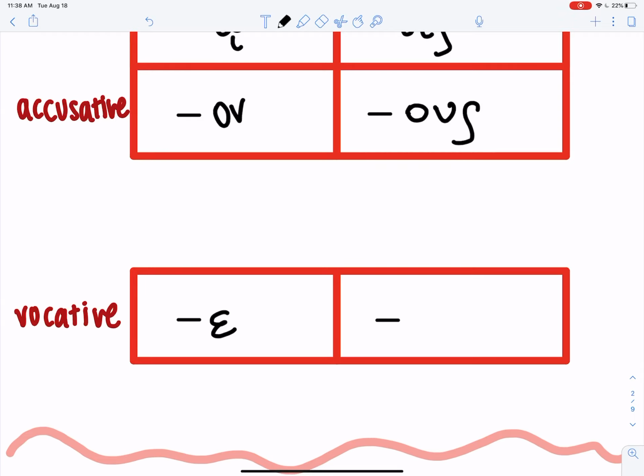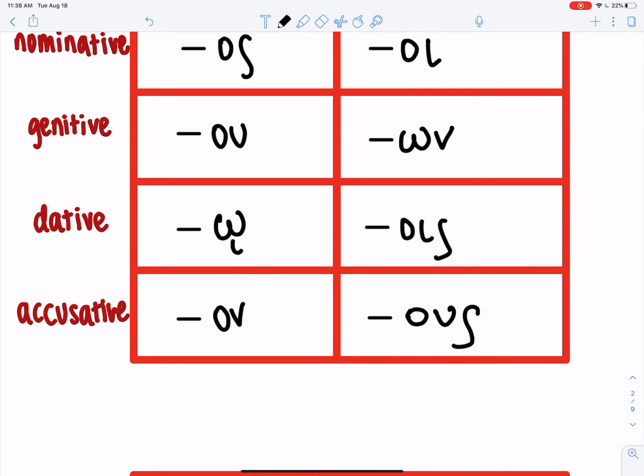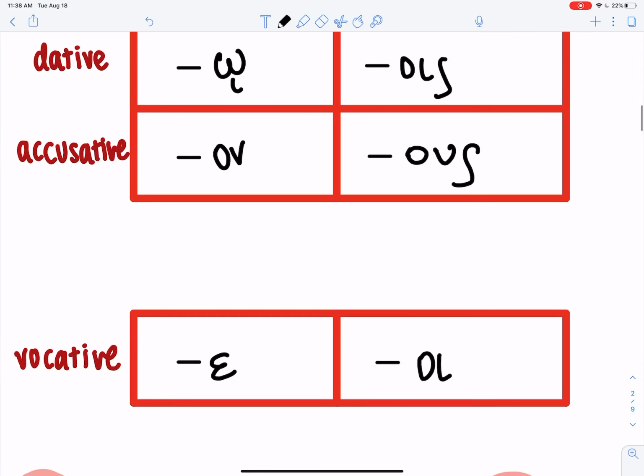And then in the plural, it's even easier. It's just the nominative plural ending, which we just learned was oi up here. So that is following the same vocative rule we learned for first declension, where you just take the nominative forms and those are your vocatives. With second declension, the only difference is that in the singular, you're using e instead of the nominative.